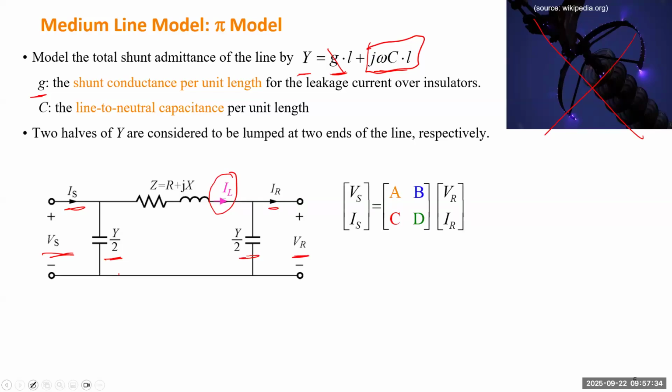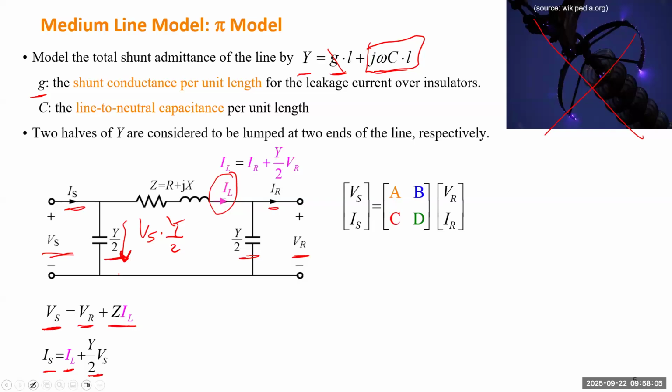So we want to find this ABCD transformation. First, the source voltage VS equals the load voltage plus the voltage drop along the line using the line current. The source current is the line current plus the current going to the first branch, which is VS multiplied by the admittance.